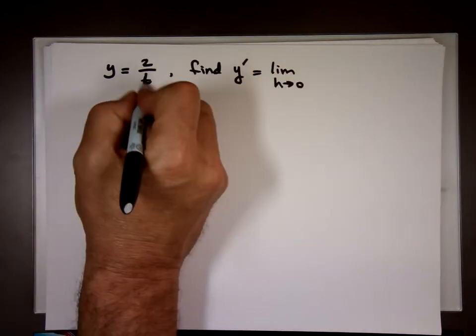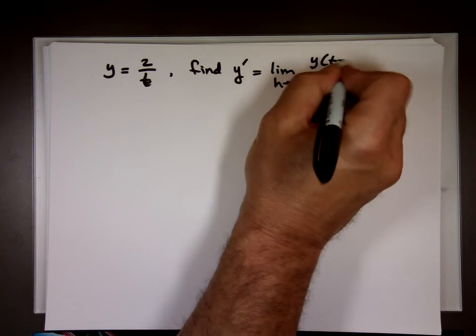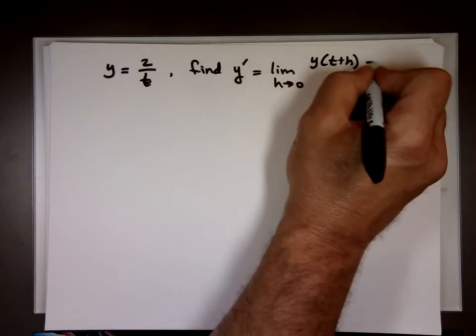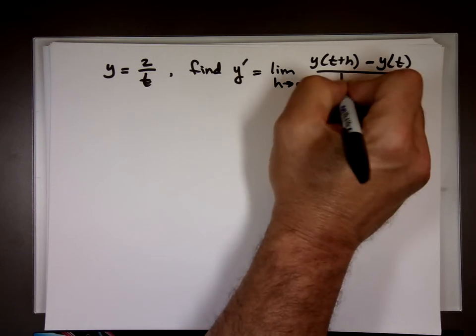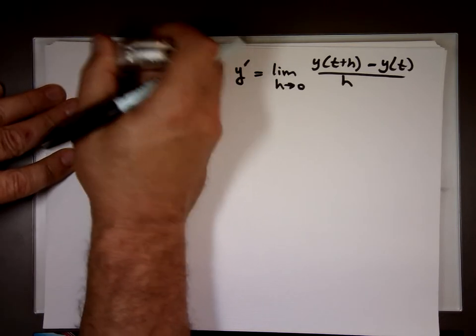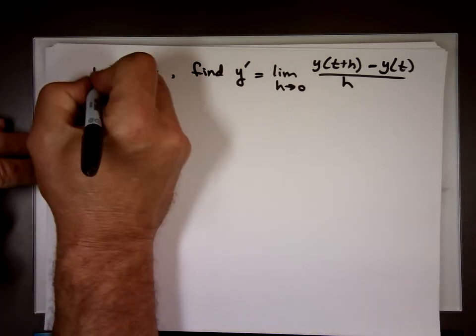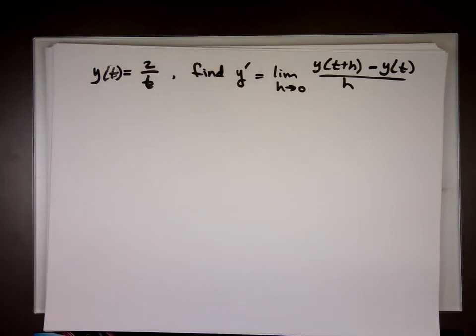That's t here. So it'll be y of t plus h minus y sub t divided by h. I should have written y of t, because I'm using the variable t.